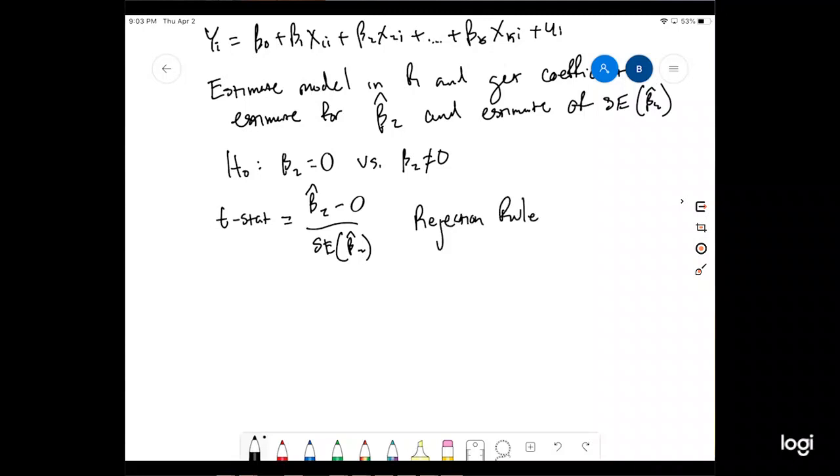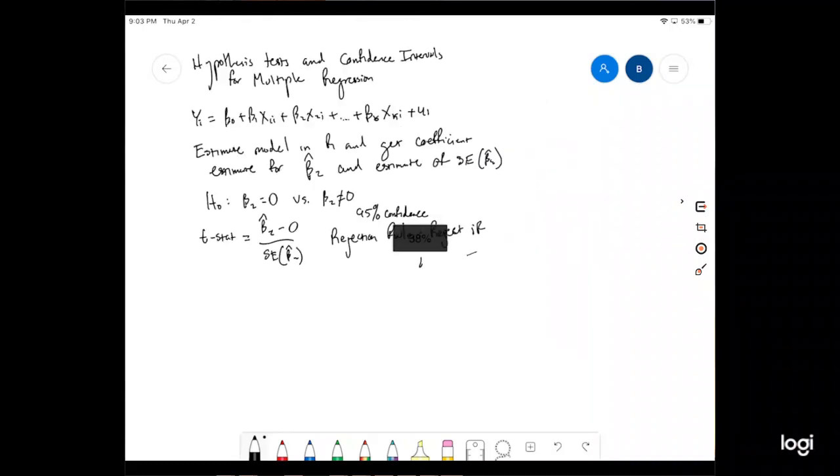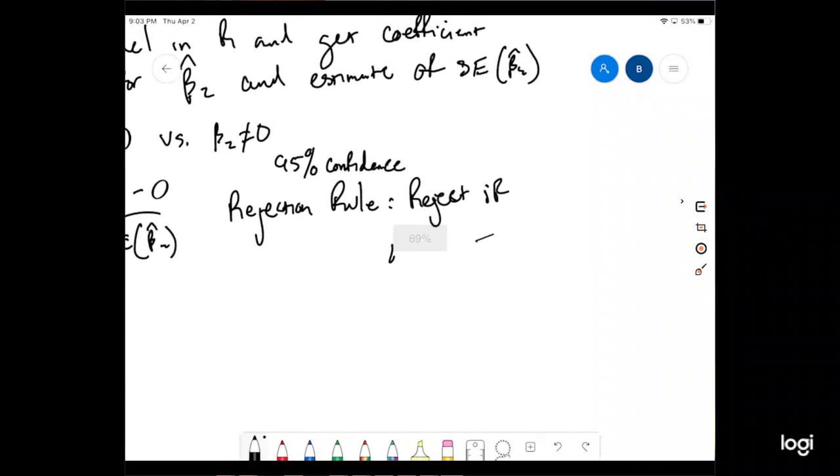This is our 95% confidence rejection rule. Reject if the t-stat in absolute value is greater than 1.96.